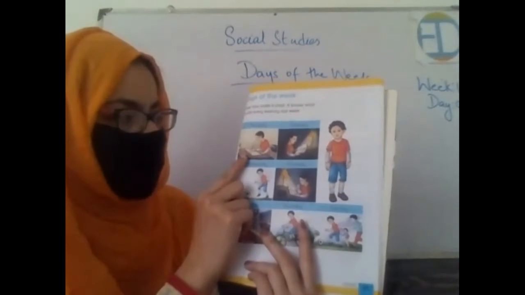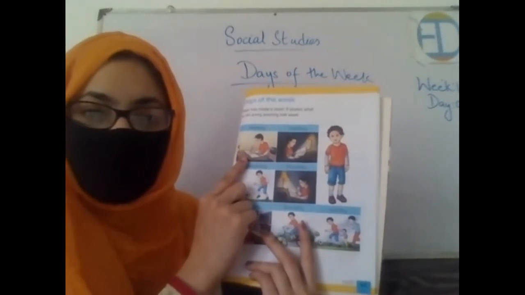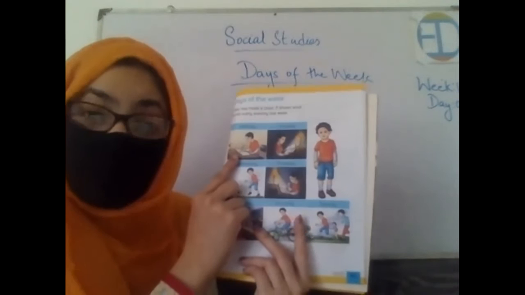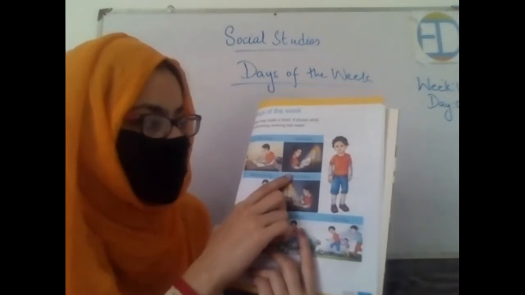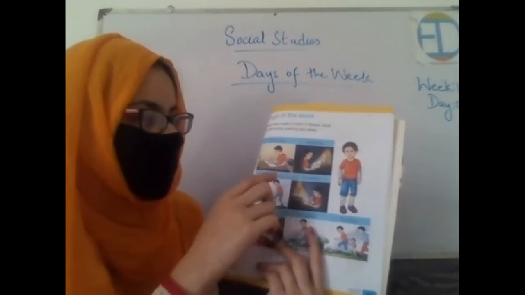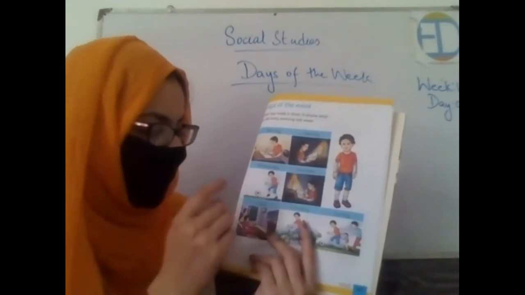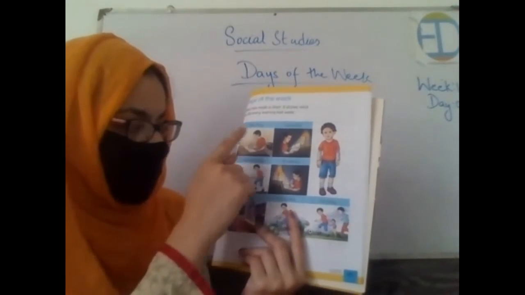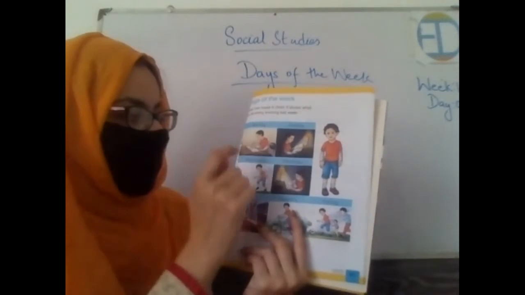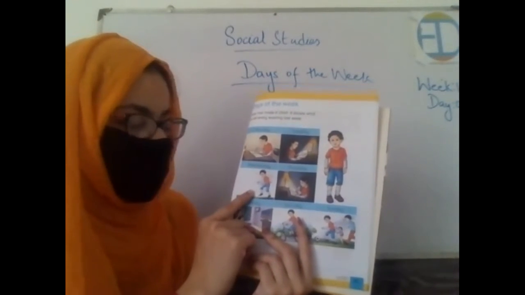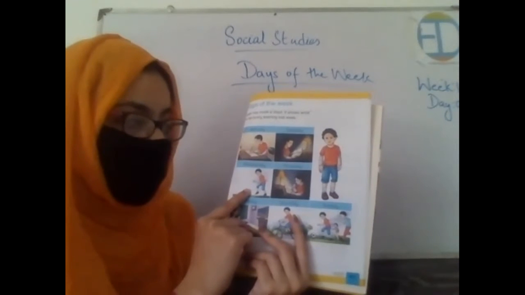Look at the first picture. On Monday, he is doing his homework. He is writing something. On Tuesday evening, he is reading something, maybe a storybook or a novel. Then on Wednesday, he went to the playground to play football.